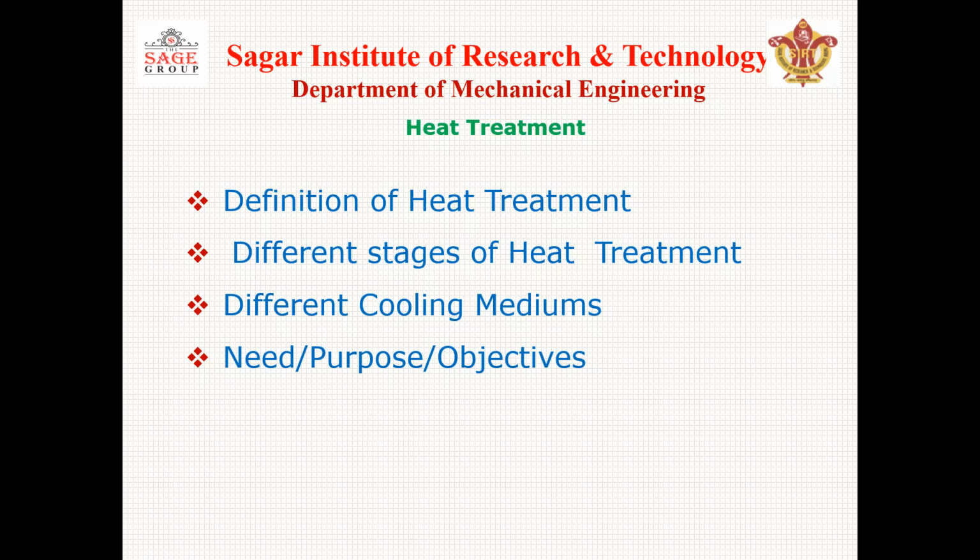There are three stages of heat treatment. The first stage is heating. First of all, the required metal or alloy is heated up to a certain temperature. Second stage, holding or soaking for some period of time, like 15 to 30 minutes or 30 to 45 minutes.